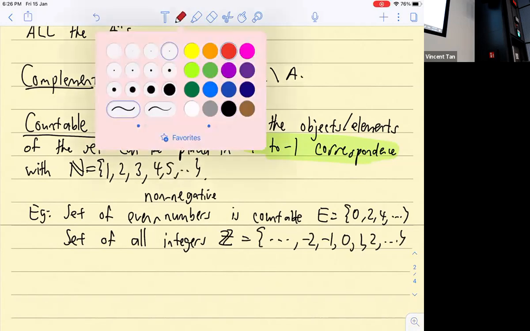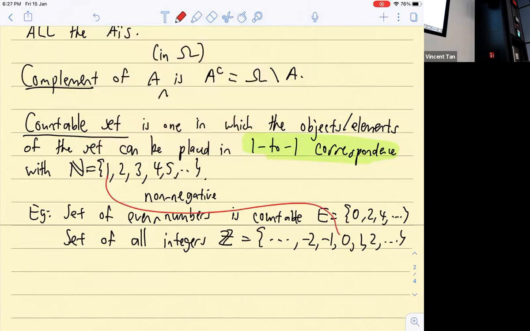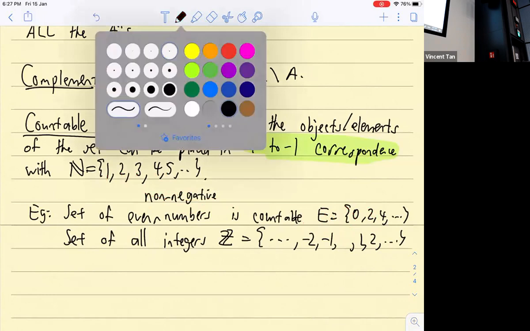This is not so terribly important, but it's just for fun. You can place 1 in correspondence with 0, 2 in correspondence with 1, 3 in correspondence with -1, 4 in correspondence with 2. So there's a very natural formula here that we can write down. So the set of all integers Z is also the same size as the set of all natural numbers.